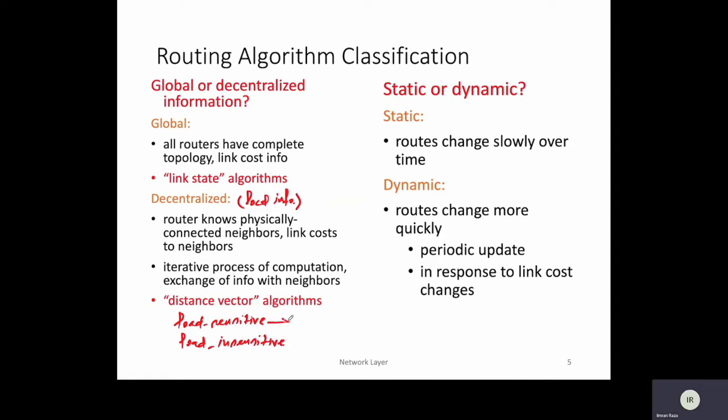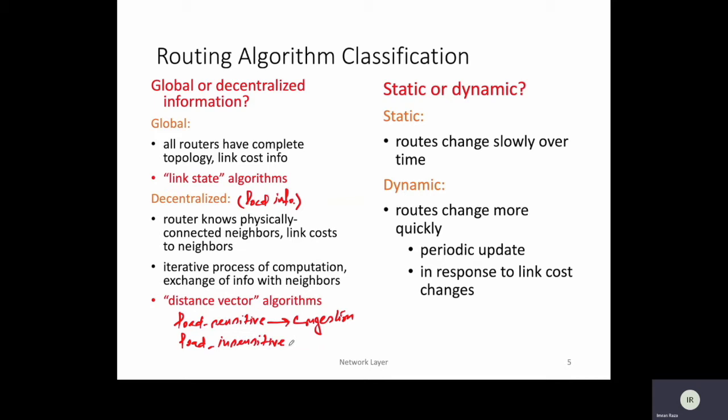Load sensitive means that the routing algorithm takes into consideration the network congestion, and depending upon the congestion of the link, the routing algorithm decides or selects a path to reach a specific destination, right? Whereas load insensitive routing algorithms are not taking into consideration the congestion in different links in order to reach a specific destination.